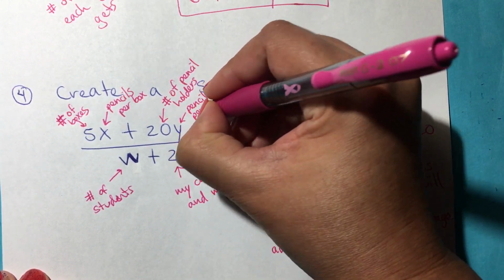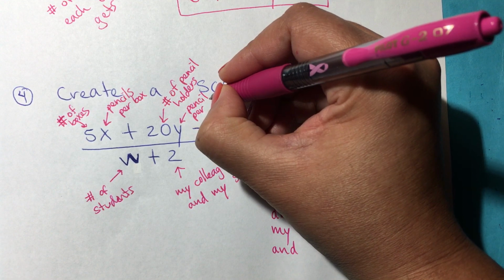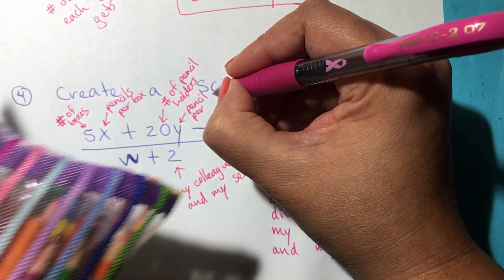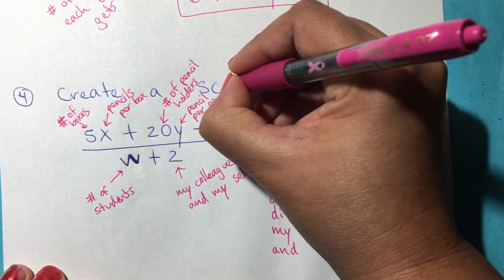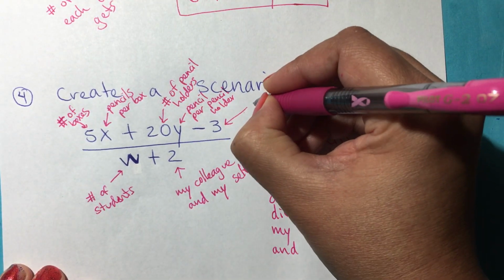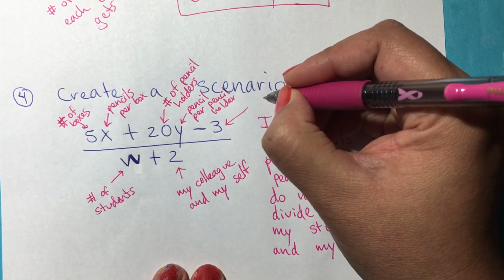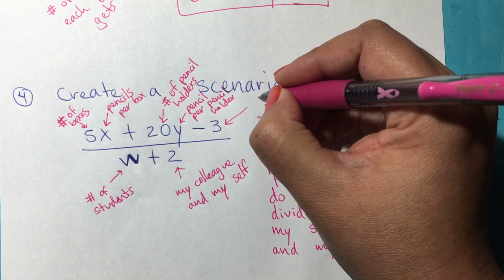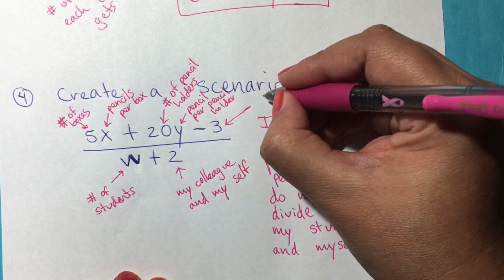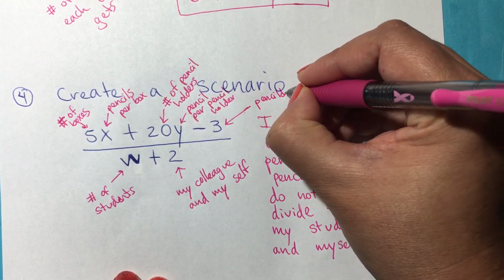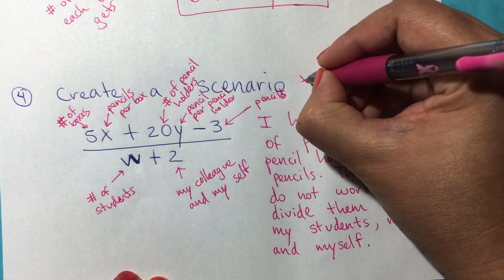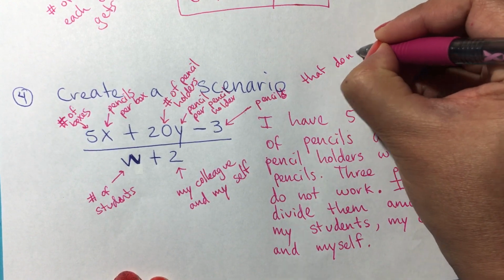So the number of pencils that are in here. And these are the 3 that I'm going to throw away because, or recycle if they're made of recyclable plastic, because they don't work. So pencils that don't work.